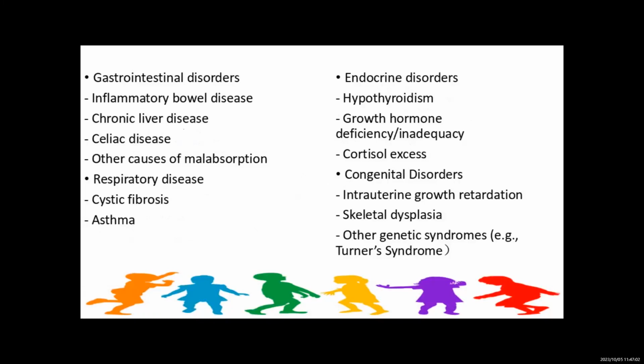Okay, today we have talked about growth hormone deficiency. It can also lead to short stature. Cortisol excess. Congenital disorders such as intrauterine growth retardation, skeletal dysplasia. Soon, I think in upcoming cases, we will also have one falling under skeletal dysplasia, and other genetic syndromes such as Turner syndrome that we learned yesterday.